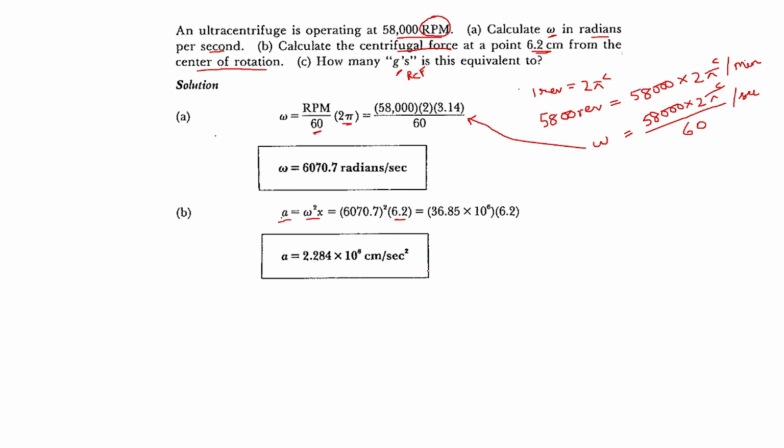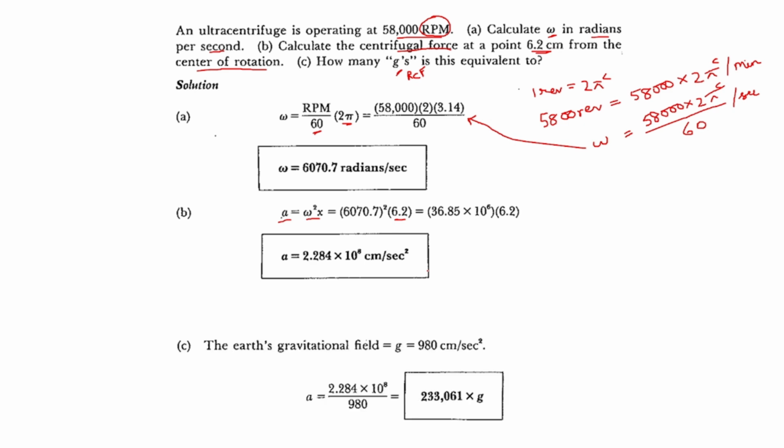And how many G's? The third part is how many G's. In the CGS system, the gravitational acceleration is taken to be 980 centimeter per second square, which is actually 980 times. So we have to divide the value that we get by 980 to get this amount of G's.